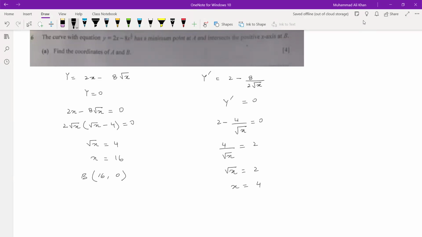Now substitute 4 in the equation, so y equals 2 into 4 minus 8 into 2, which is 16. So it will be minus 8. So the coordinates of A are 4 and minus 8. A question of 4 marks.